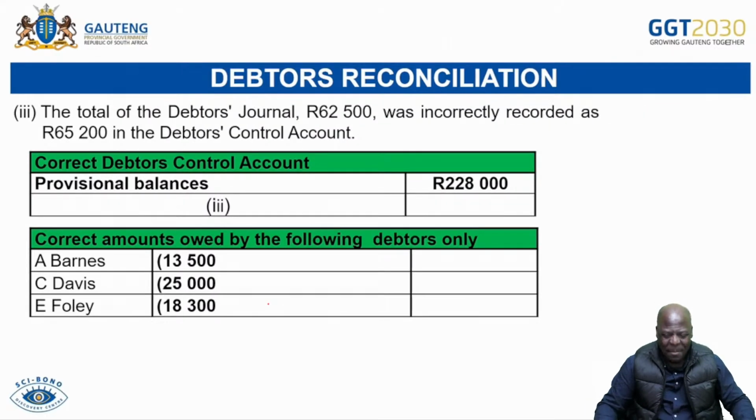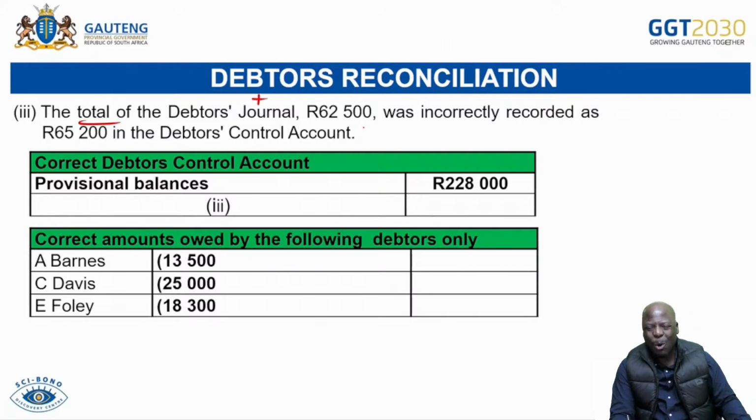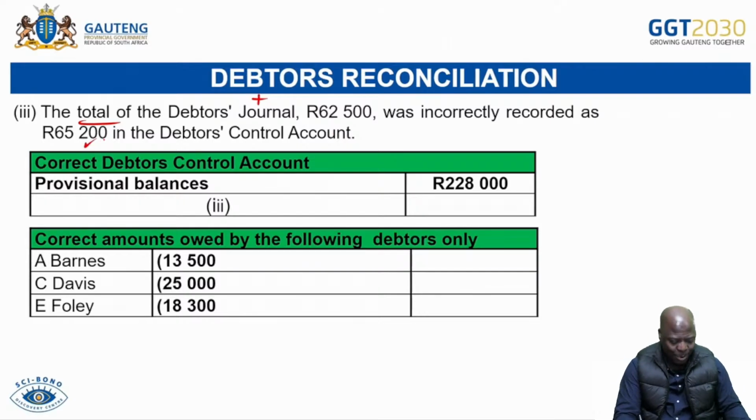We're at number 3. Once I hear the word total, it is trying to tell me something already. The total of the debtors journal, the DJ. The DJ tells me invoices, that's a plus. The total of the DJ, 62.5, was incorrectly recorded as 65.2.